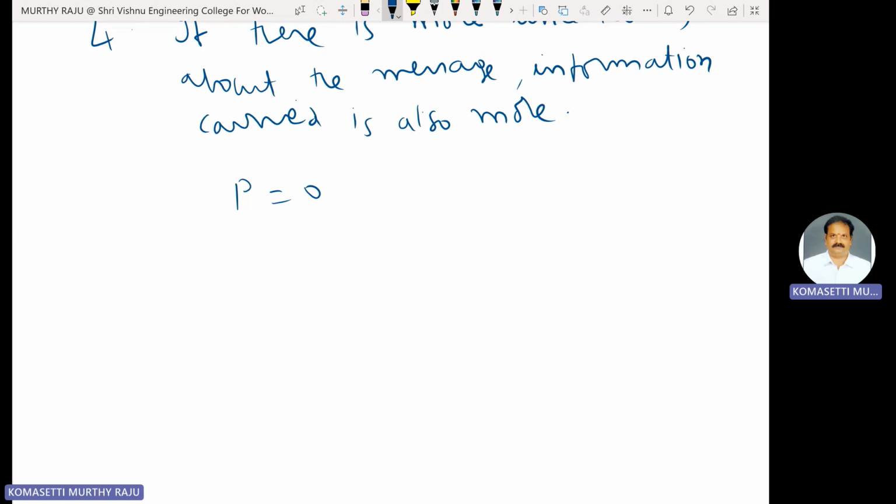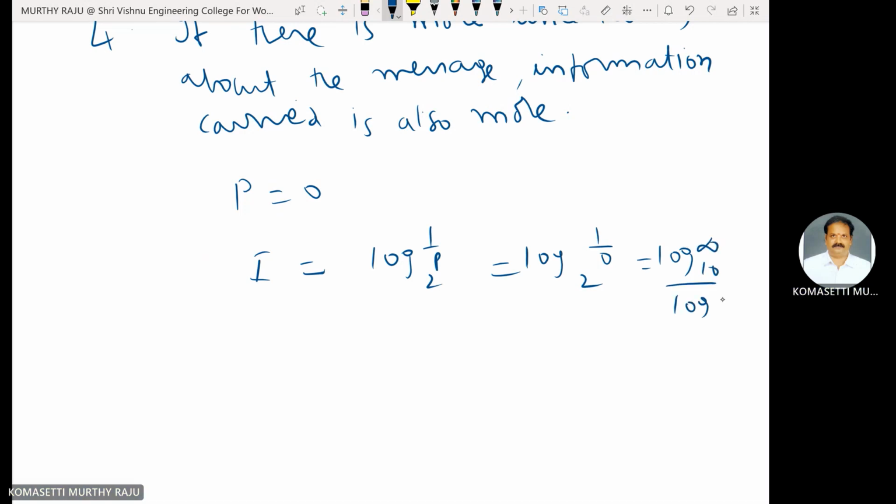Therefore, the amount of information present in the uncertainty message is I is equal to log 1 by P base 2. That is log 1 by 0 base 2. Log 1 by 0 is infinity. That is more. Information content of such message is more.